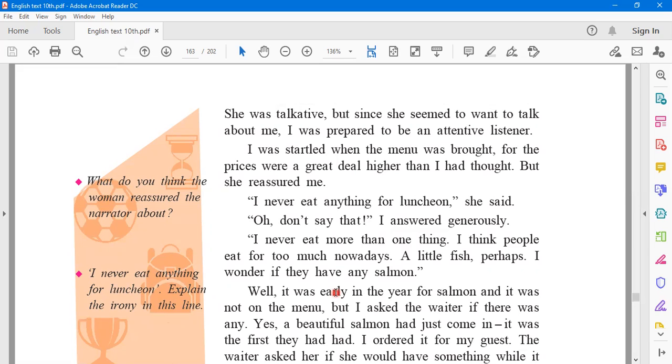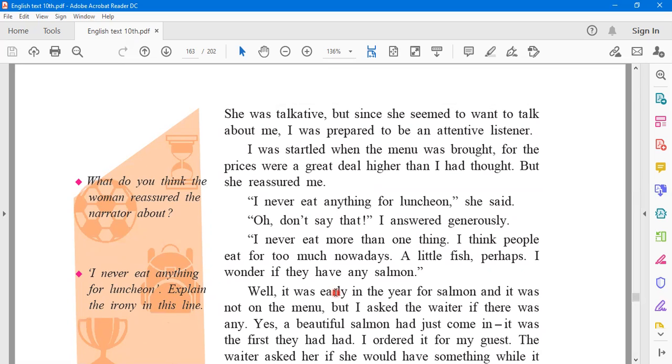So at the beginning of the session, before we started off with the chapter, in the warming up session, we spoke about foible. Foible means strange habits or weaknesses that people have. Now, this particular lady guest of ours, you will find that she was a foodie.